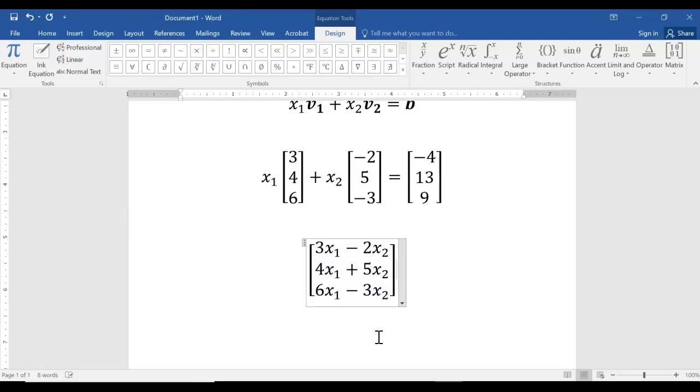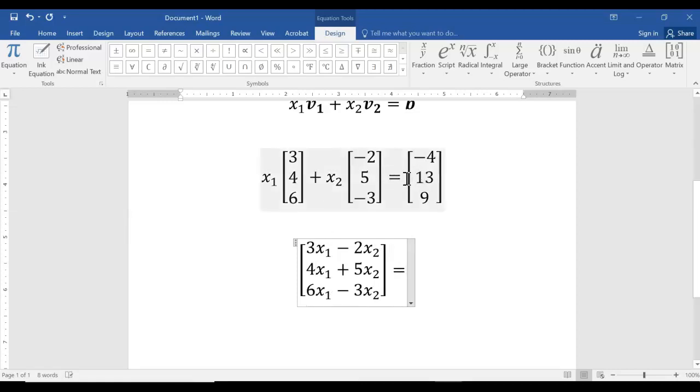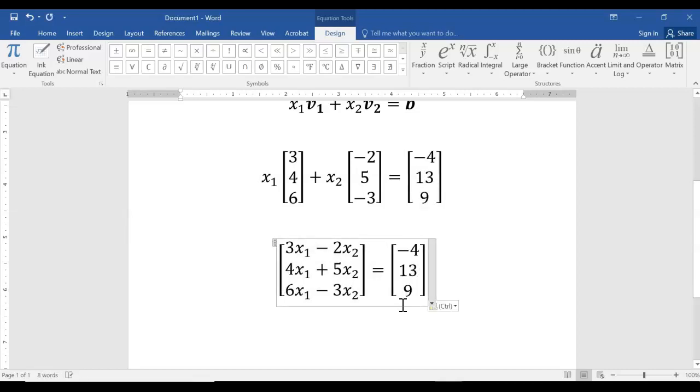So the left-hand side has to be equal to the right-hand side.